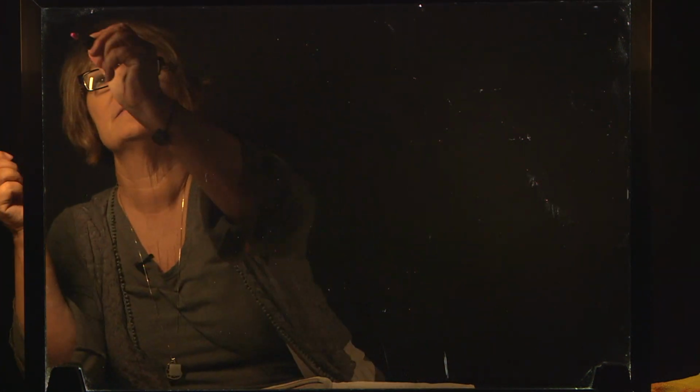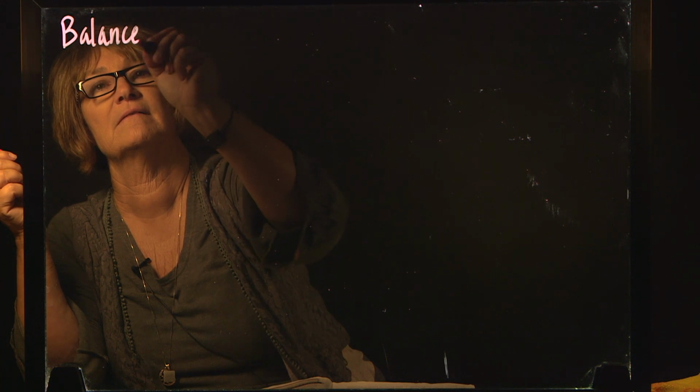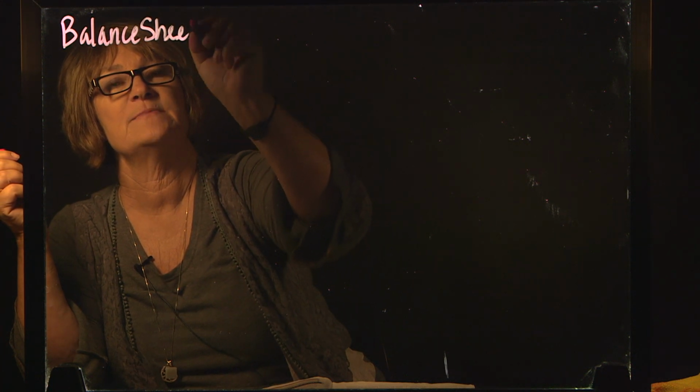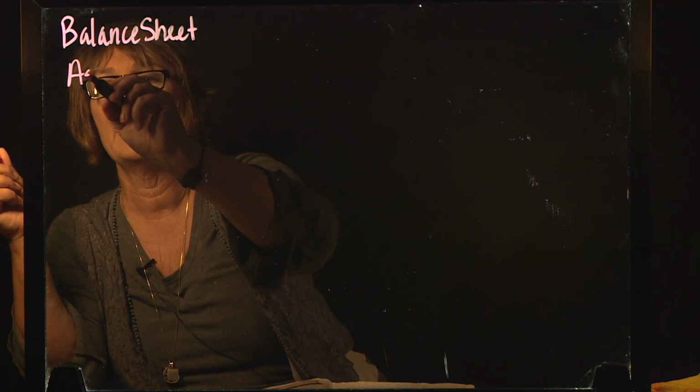Okay, let's go ahead and talk about the third financial statement, which is what we call the balance sheet. The balance sheet is made up of three sections. One is what we call assets.